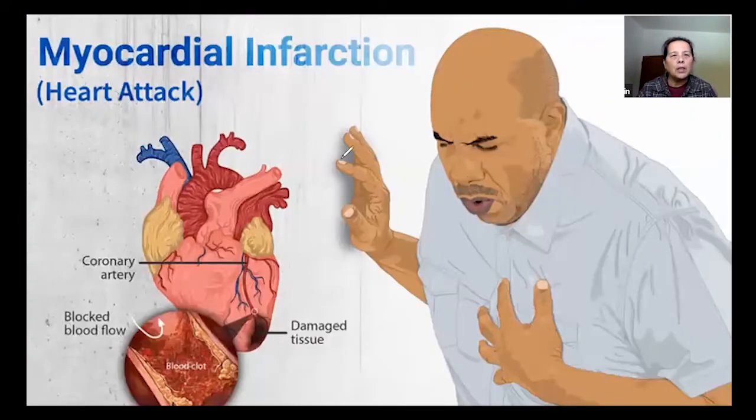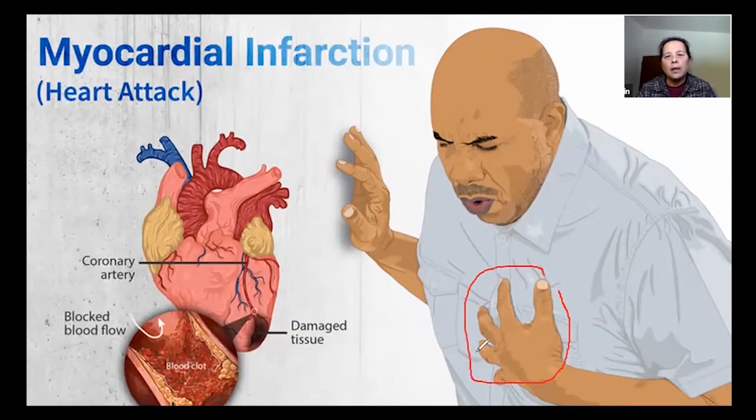Like the picture here, these old men have chest pain. They put a hand to the chest. If it's just a few minutes, and then the pain goes away, or maybe after resting the pain goes away, that's angina pectoris.